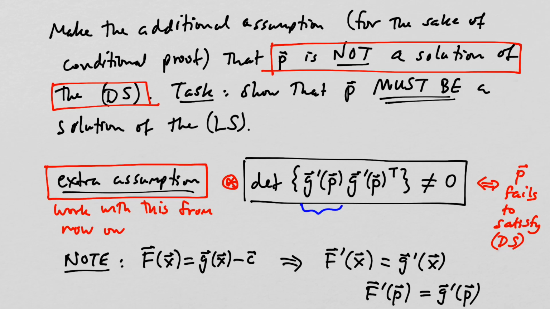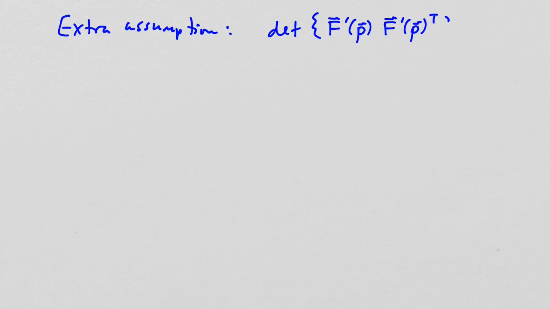So we can just rewrite that if we like as big F prime. And that's because, everyone knows, adding or subtracting a constant makes no difference when you differentiate. That will differentiate to 0. So that's why this condition is true here. All right, so our extra assumption that we can now work with can be written in this form: the determinant of big F prime of P times big F prime of P transpose is not 0.